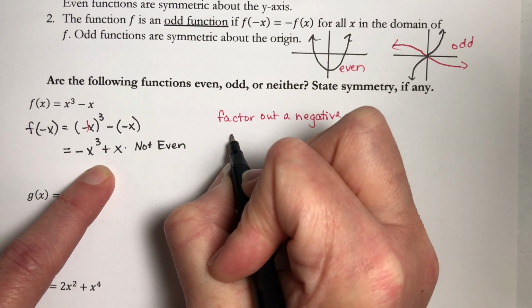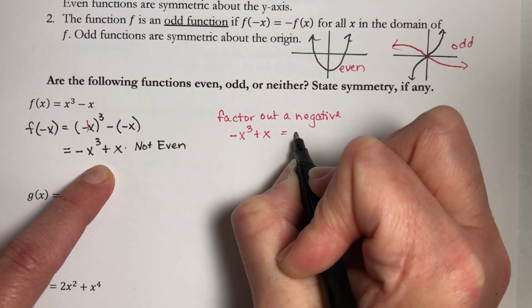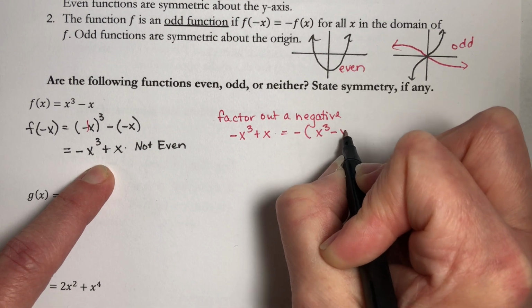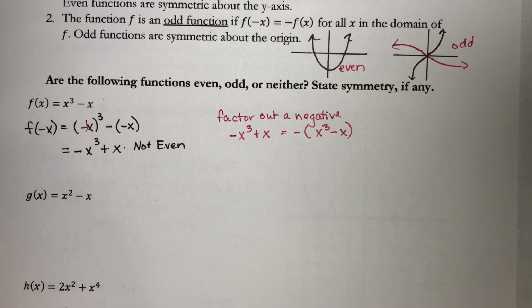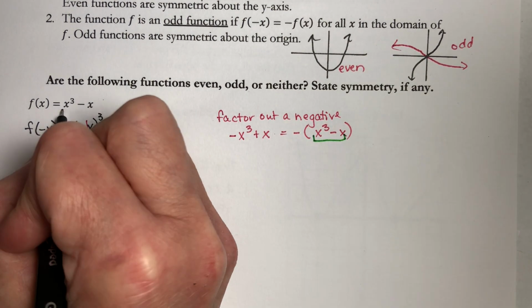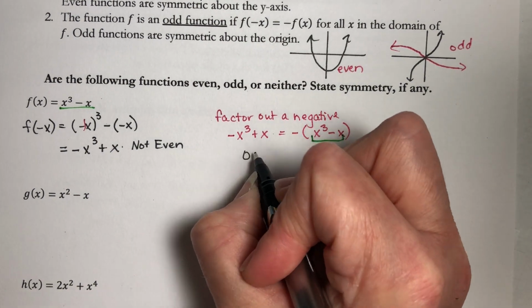What I have right now is negative x cubed plus x. If I factor out a negative, I get negative times x cubed minus x. Now I look to see if what's right here is equal to what's right here. And it is. Since that's exactly the same, this is an odd function.